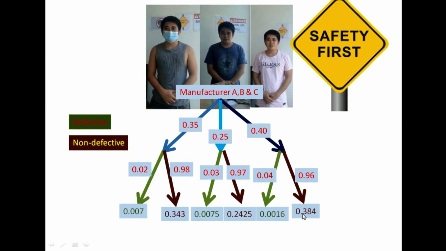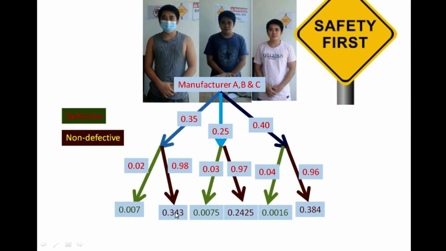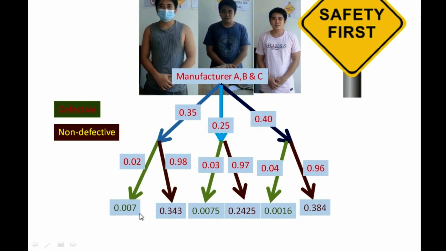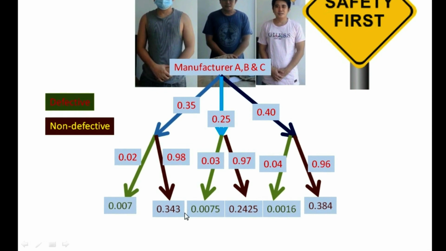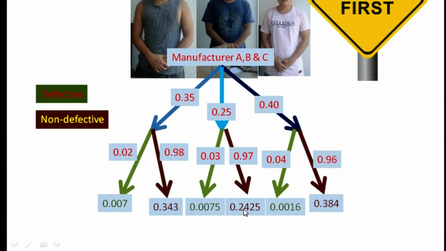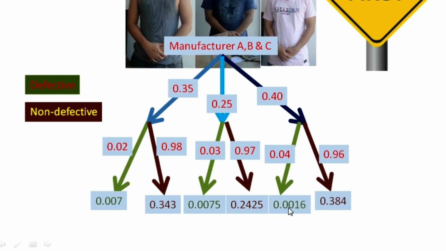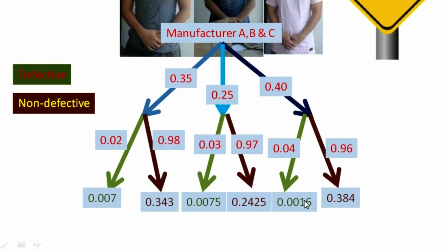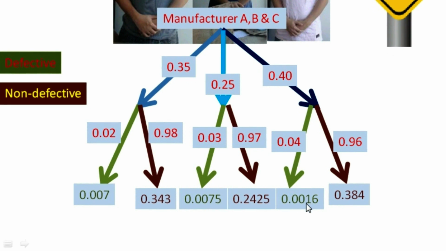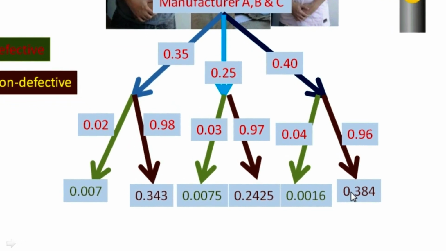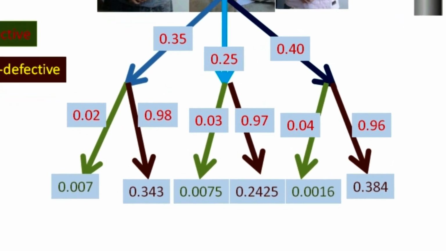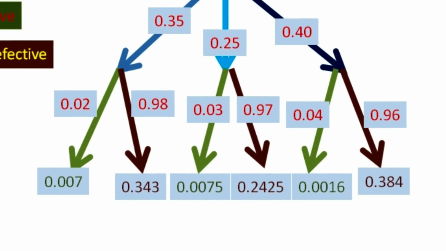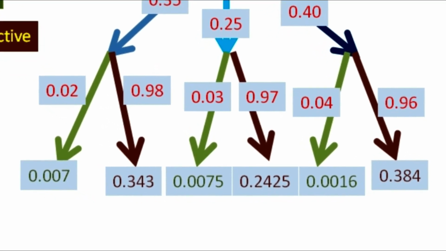When you add this whole row, what is the value supposed to be? 0.007 plus 0.343 plus 0.0075 plus 0.2425 plus 0.016 plus 0.384. And the value there is 1.